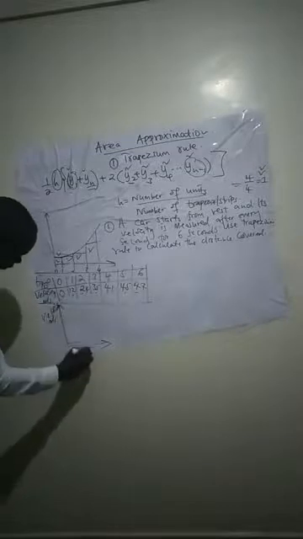Because even if you were to draw a velocity-time graph, you're going to have velocity in meters per second on the y-axis, and on the x-axis you have time in seconds. So if you were to record that, maybe you'll get such a curve.